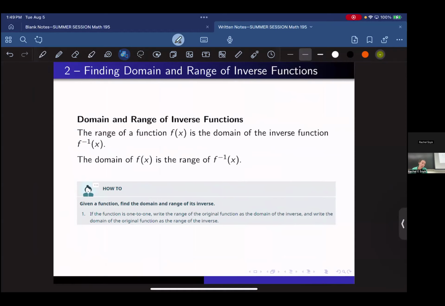What the range of the original function is, that's the domain of the inverse. So the range of a function is the domain of the inverse function. And then vice versa, the domain of the original is the range of the inverse.